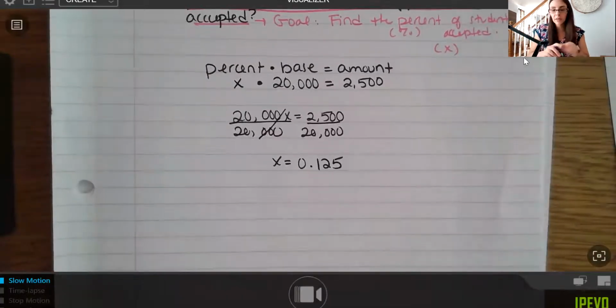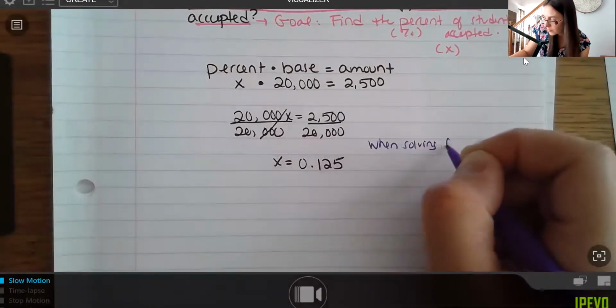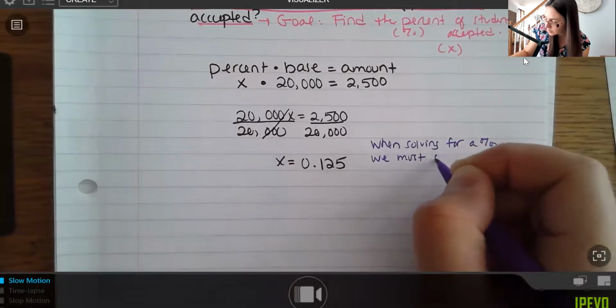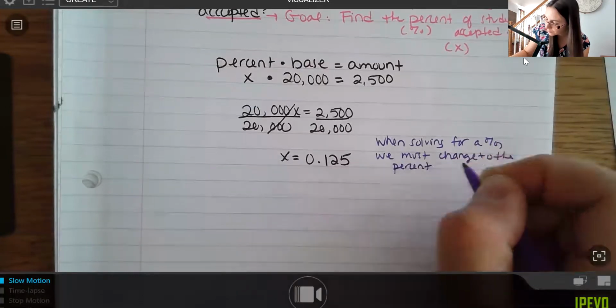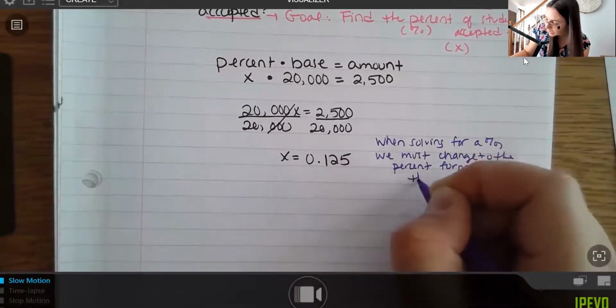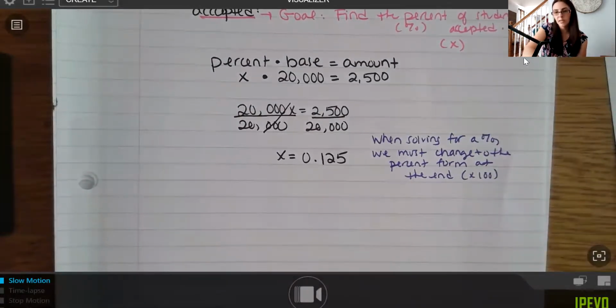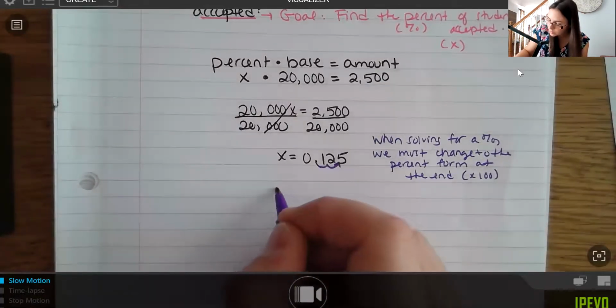Now, remember from the last video that when solving for a percent, we must change to the percent form at the end by multiplying by 100. So when you're solving an equation, we always work with percents in either the decimal or fraction form. So whatever your answer is at the end, again, only when you're solving for the percent, you have to multiply that by 100. And the shortcut for multiplying by 100 is to move the decimal point 2 spots to the right. So the answer is going to be 12.5%.